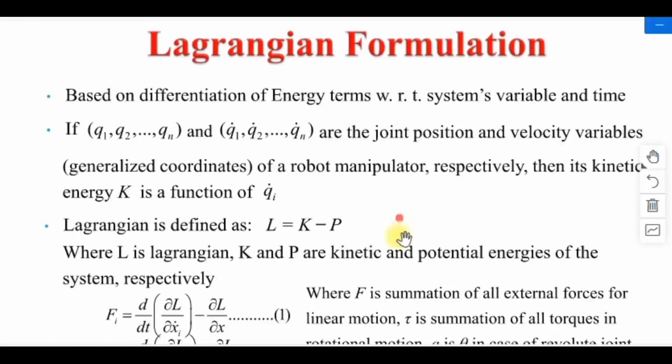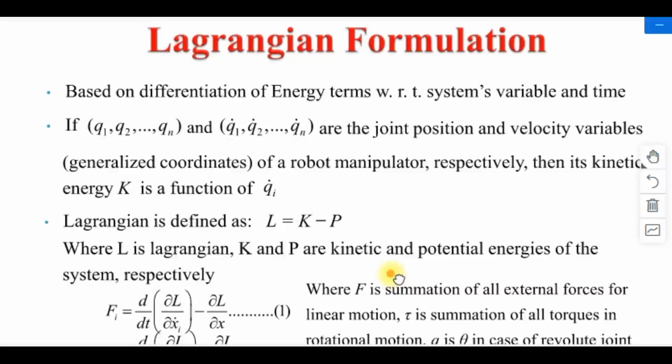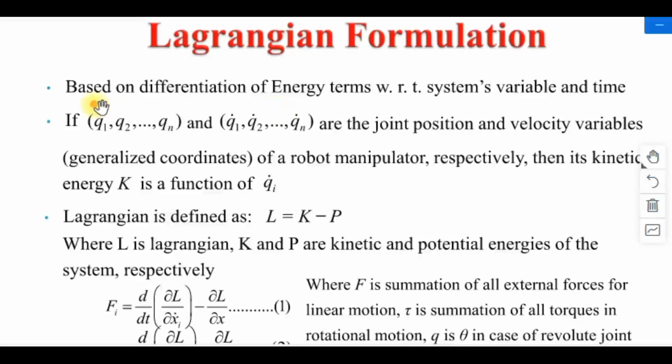Now based on that, the Lagrangian formulation: the differential of energy with respect to system variables and time. Okay, so the Lagrangian is basically the differential form of energy. So when we consider the differentiation, it is with respect to the system variables.